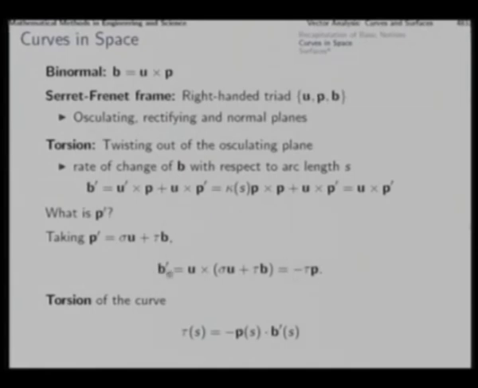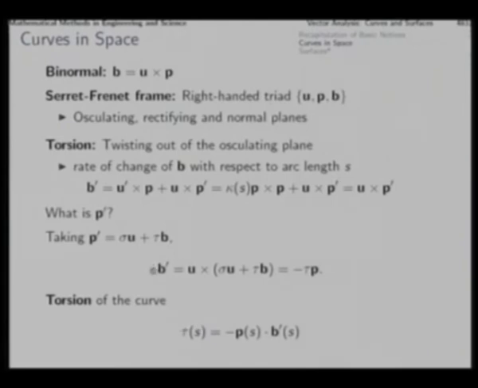See, we have got b prime, the rate of change of the binormal in terms of the known vector. So, it is a vector in the direction of the principal normal p, and the magnitude tau that we find here is called the torsion of the curve. And how do you find it?